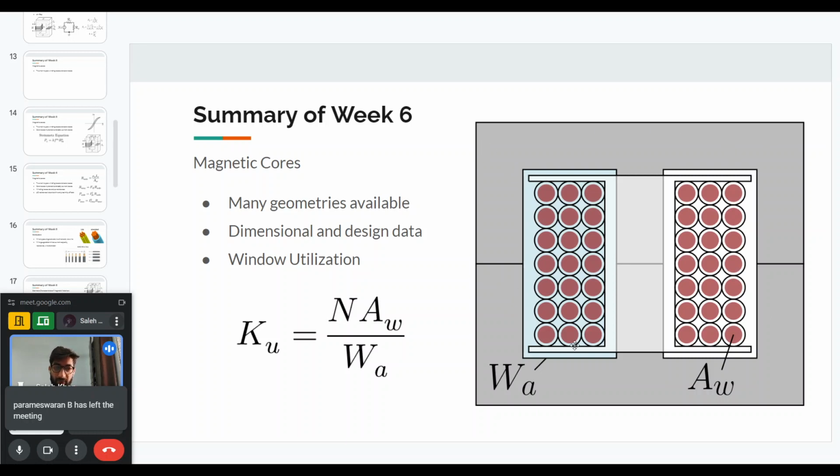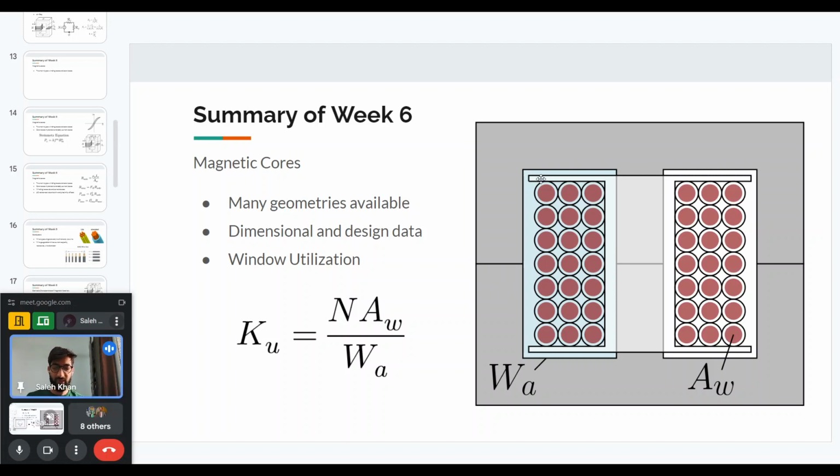And once we have this core, if you want to wind the wires inside this core, before we wind it, we have to use what is called a bobbin. So it is shown here, this white colored portion. We wind the wires on this bobbin, and then this bobbin is inserted in the core.